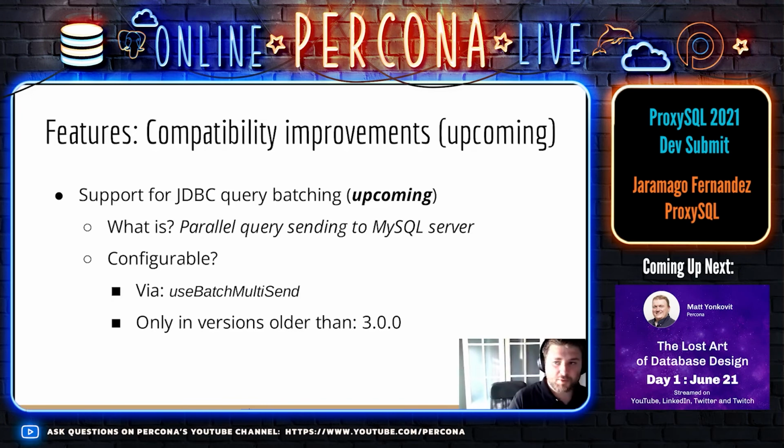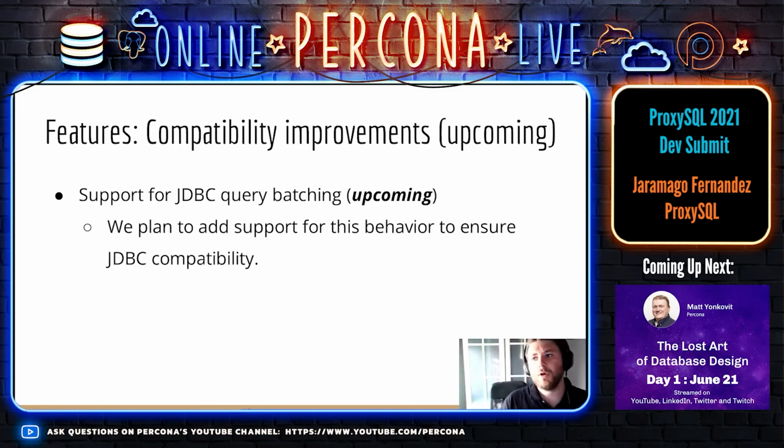So that answers the question, what do we do now? Now that the option is no longer present, JDBC decides whether or not to perform this query batching based on other protocol checks, flag checks that it performs. Because of this, our solution is that we plan to add support for this behavior to ensure JDBC compatibility.